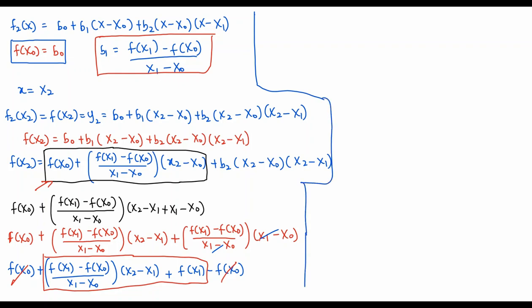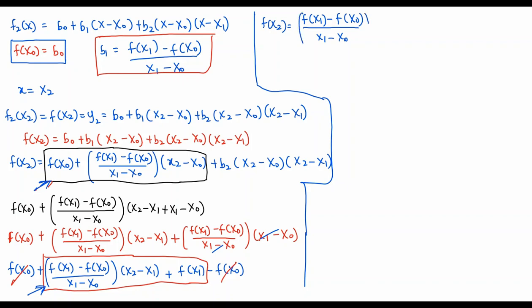All right, so now we're going to have f of x2 to be equal to, now for the one that I've circled in black, you're not going to bring it again, we rather bring what I have here. So you're going to have f of x1 minus f of x0, divided by x1 minus x0, right?